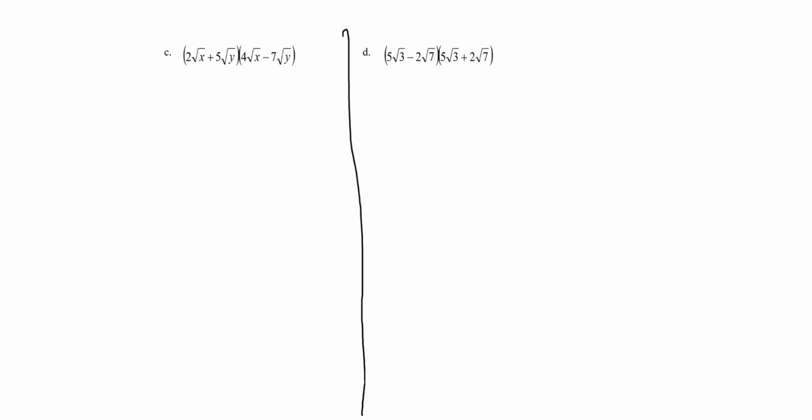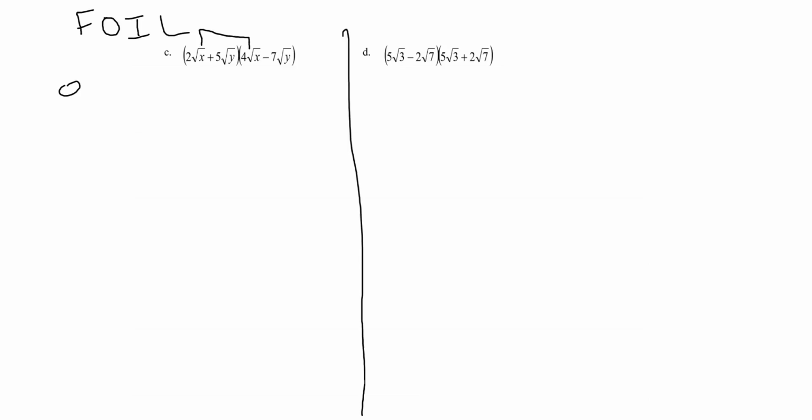Okay, here we are going to multiply. When we multiply here, because we have a binomial times a binomial, this is where, if you guys recall, we are going to use FOIL to multiply, which stands for first, outer, inner, and last. So I'm going to start, multiply my first terms together. 2 times 4 gives me 8.